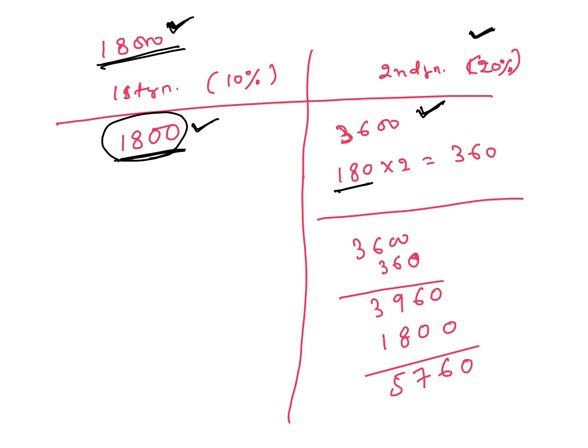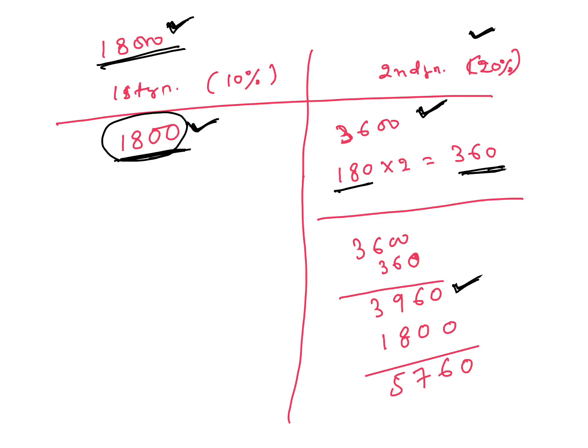So for 18,000 you got 3600, and for 1800 you will get 360. So total you will get in second year 3960, and in first year you got 1800. So total in 2 years you will get 5760.